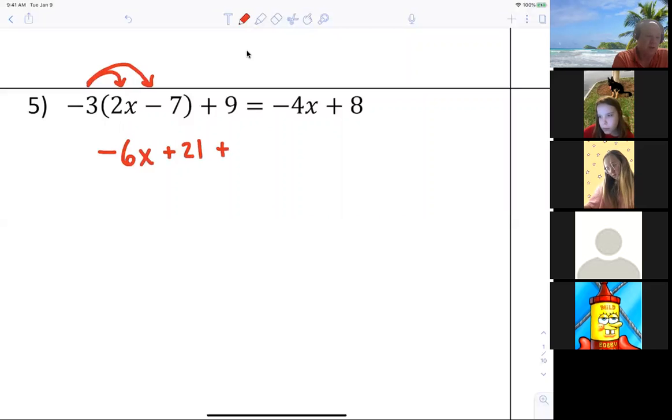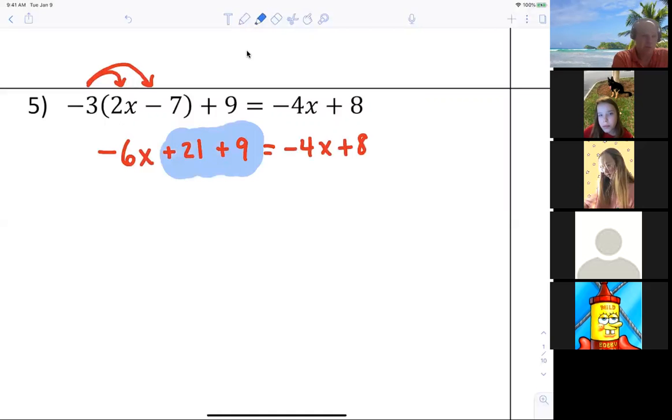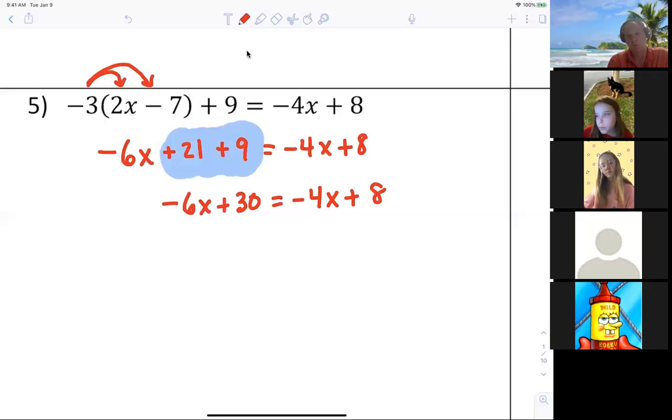Plus 9 equals -4x plus 8. Now what we're doing is we're combining terms. So 30. Yes, 30, thank you. -6x plus 30 equals -4x plus 8.